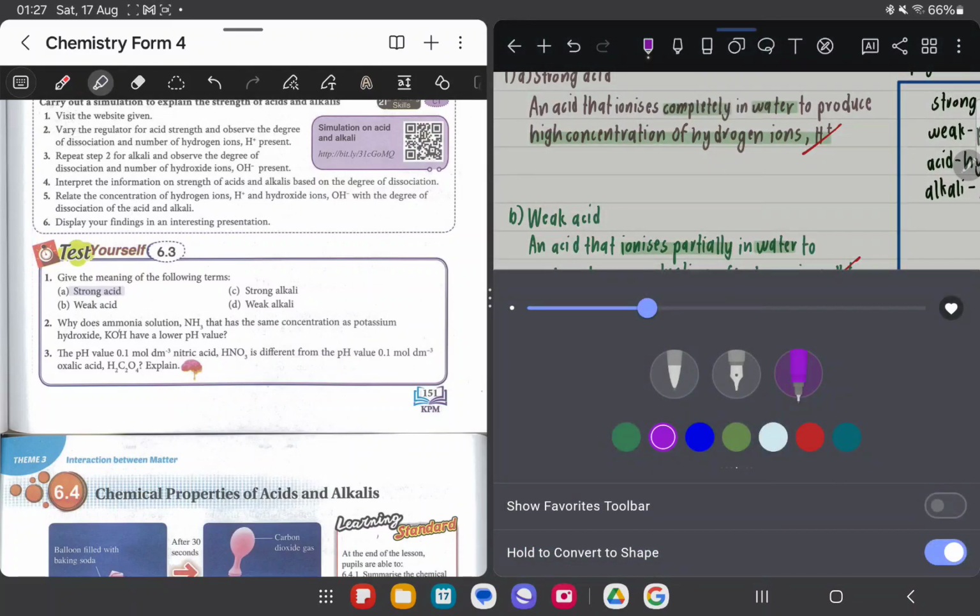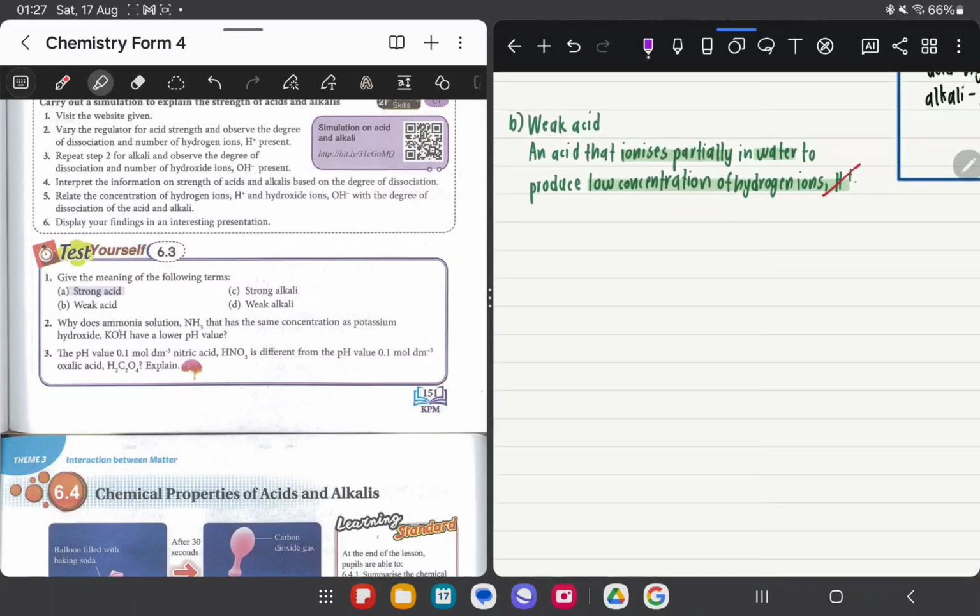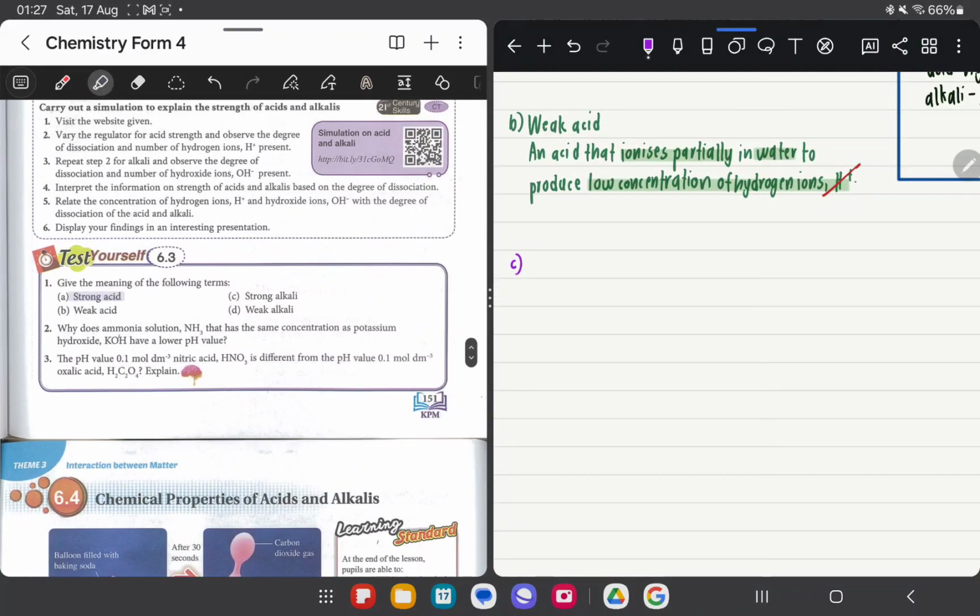Next we move to question c, strong alkali. It's about strong, so what is the best friend? Ionizes completely, and this is an alkali, so it's going to produce hydroxide ions. Strong means high concentration or low concentration? High concentration.